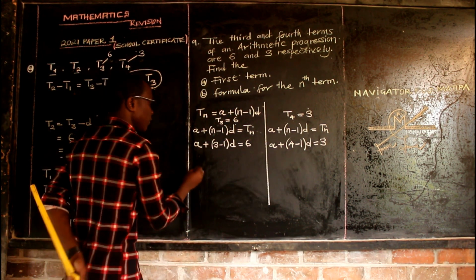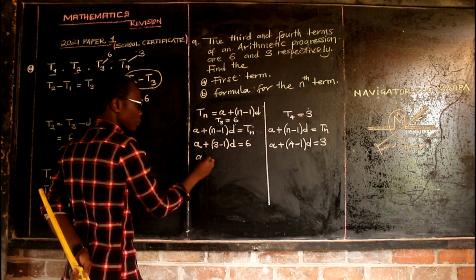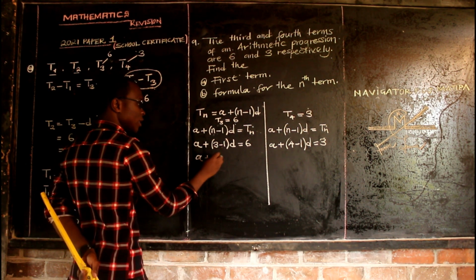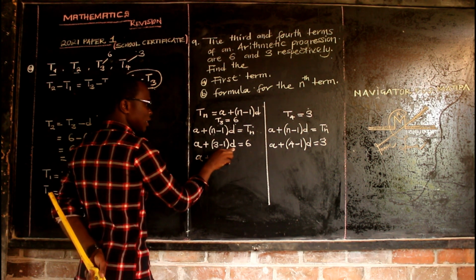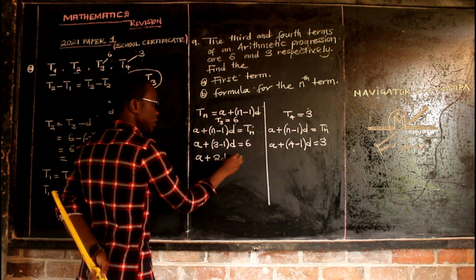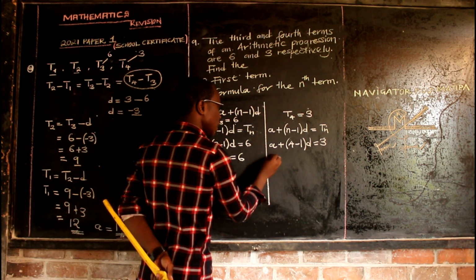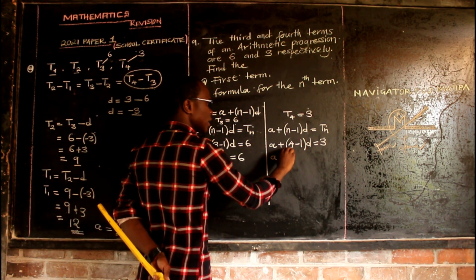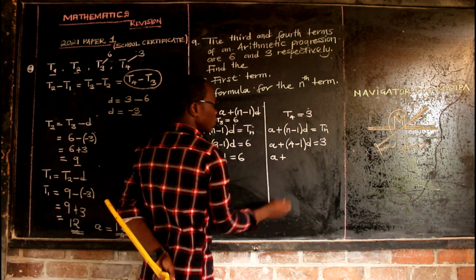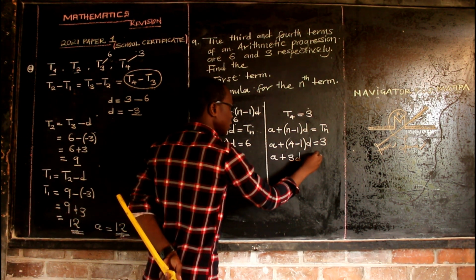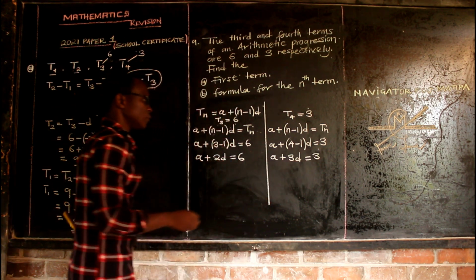Okay? Then you simplify, you say a plus, 3 minus 1 is 2, so 2d is equal to 6. Then on this side, you say a plus, 4 minus 1 you obtain 3, so 3d is equal to 3.